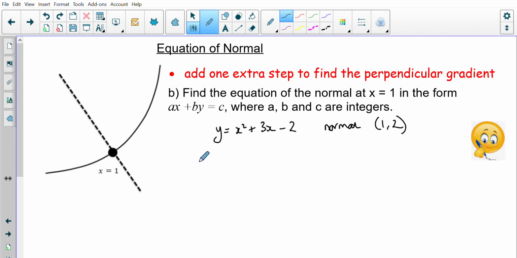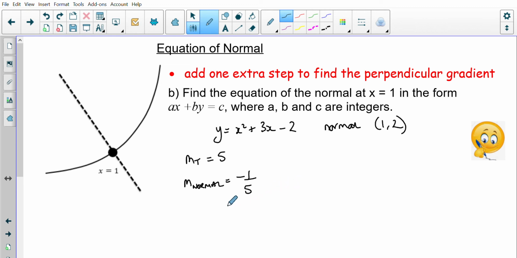Now, if you remember, in part A, we found the gradient of the tangent at this point was equal to 5. Therefore, we know that the gradient of the normal is equal to minus 1/5, using the perpendicular gradient is the negative reciprocal.